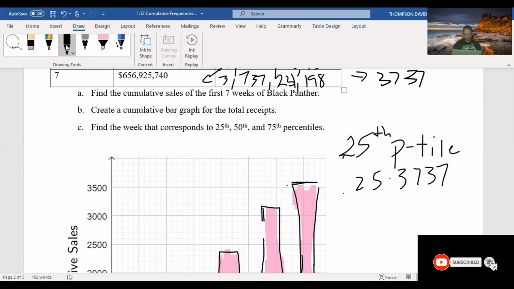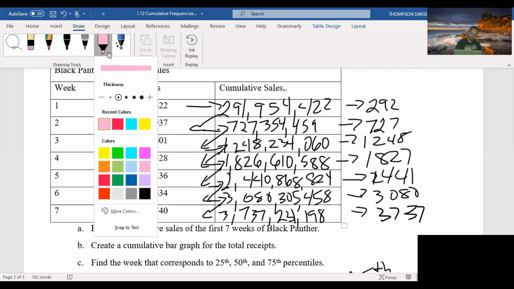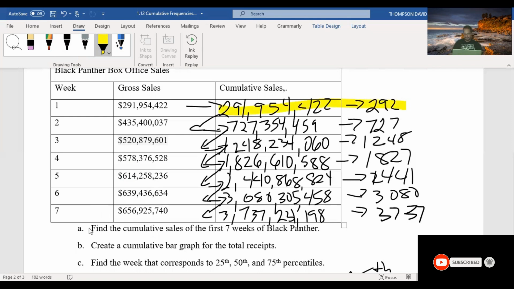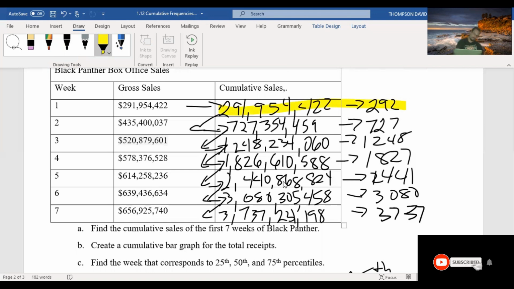So we'll just multiply 0.25 times 3,737. This will give me 934.25. So we analyze our table to figure out when this happened. Let's do our coloring scheme to figure this out. We'll start with yellow. I haven't hit that 934 million yet, so let's switch colors.